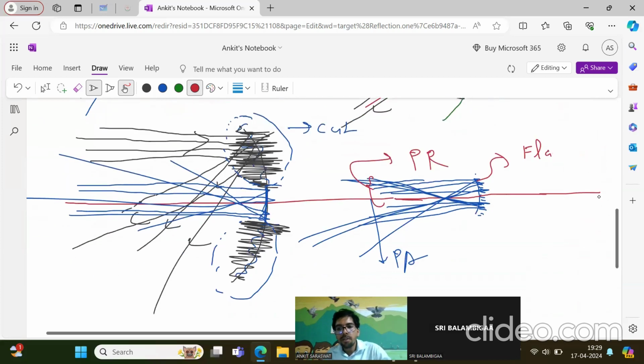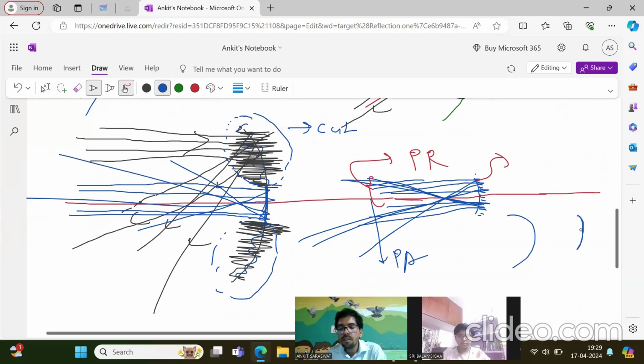It should be steeper, not flat. Clear? Yes, sir. It should not be like this. It should be like this, and it should have low aperture.